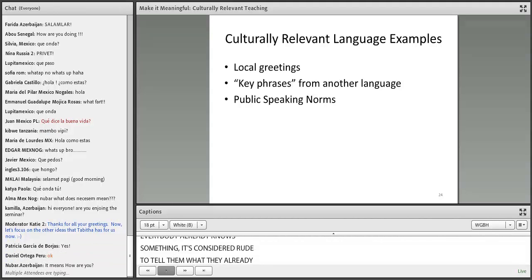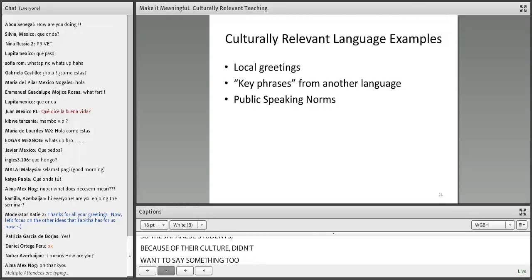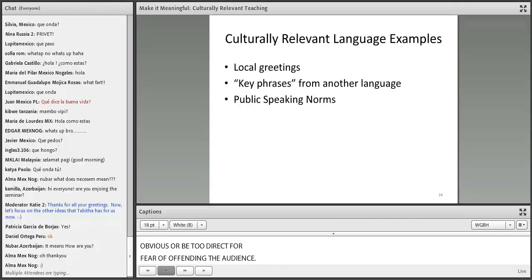So the Japanese students, because of their culture, didn't want to say something too obvious or be too direct for fear of offending the audience. Maybe some of you have similar cultural beliefs about public speaking in your culture. If so, you could teach the local norms and explain how standard English norms are different.